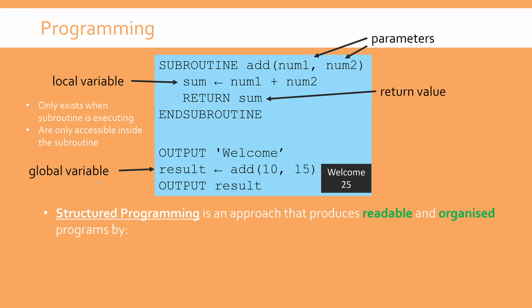Now there is a programming style which is very much connected to this, called structured programming. This is an approach which is trying to produce readable, clear, and organized programs by doing a few different things. First of all, this approach recommends you use decomposition, and you decompose problems into modules.